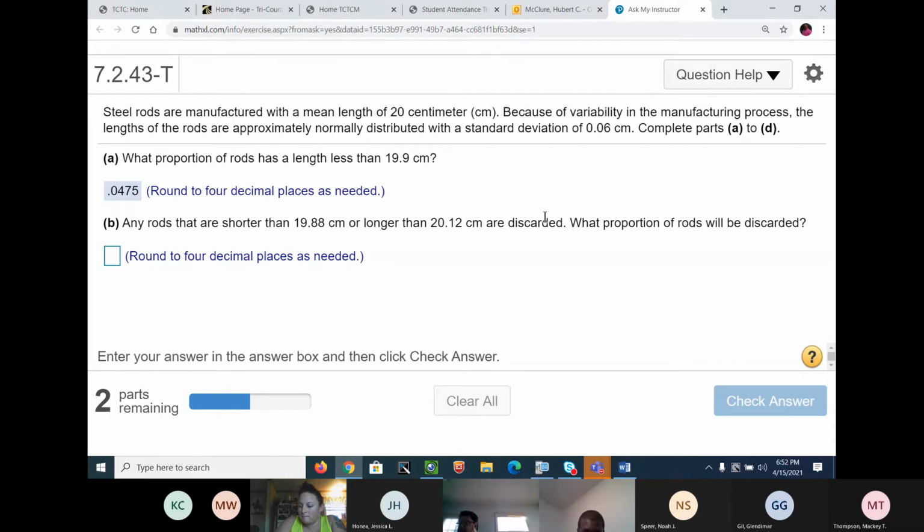I'm going to go ahead and fill it in just like this one. 20.06, 20.12, 20.18, 19.94, 19.88, 19.82. What proportion?